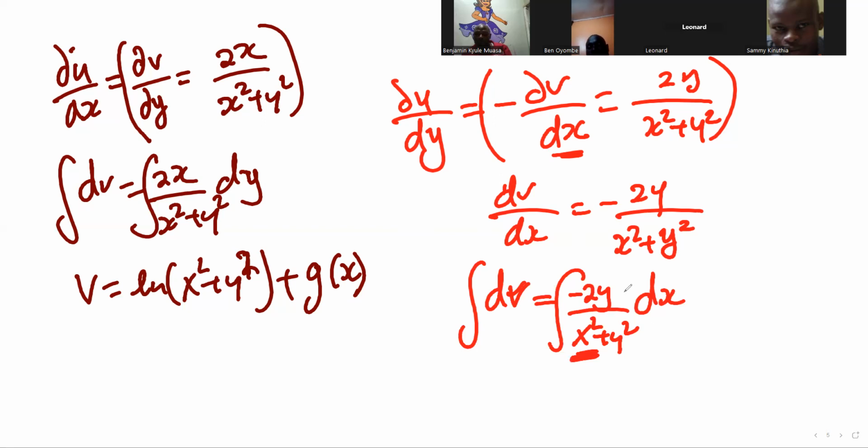So what you can do, we can take this one on the top. We can have our v equal to the integration of minus 2y, then ln of what? x squared minus, no. Let me see.